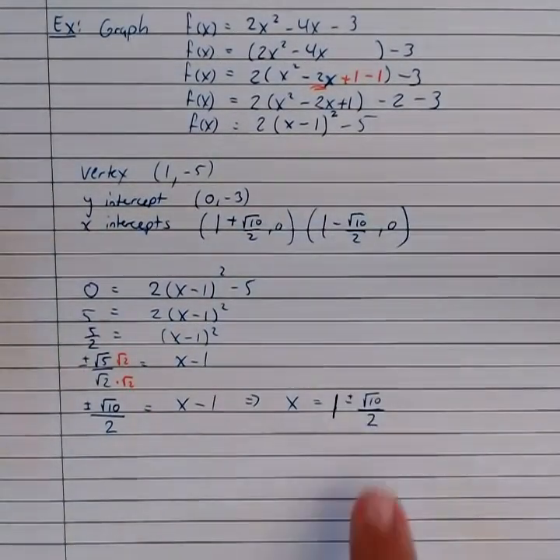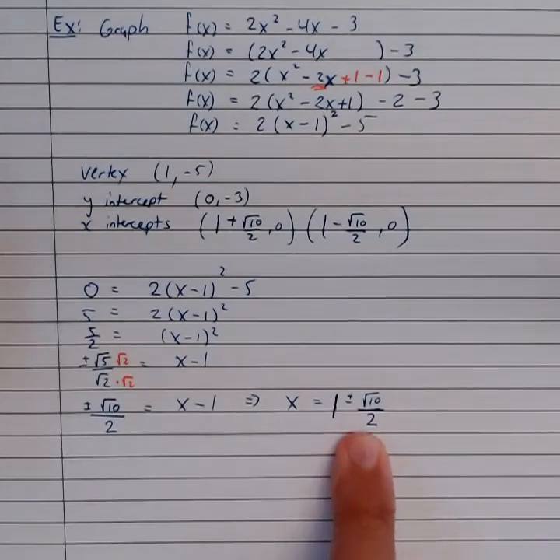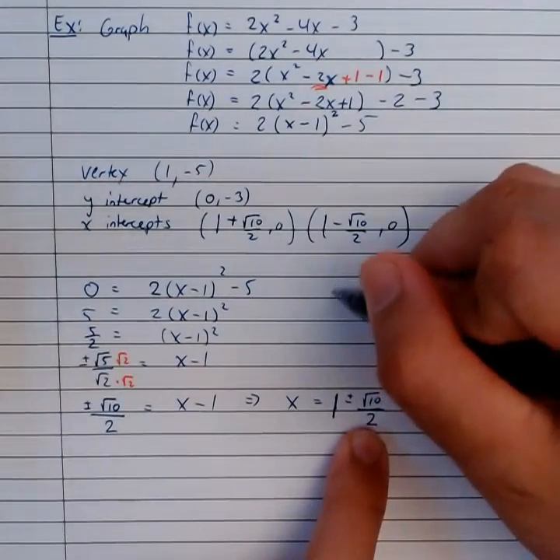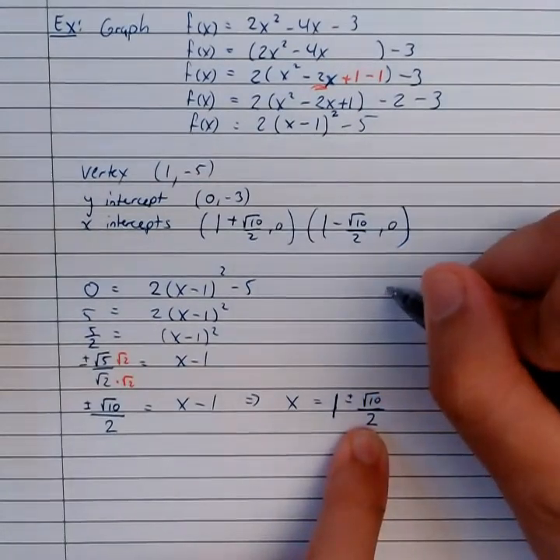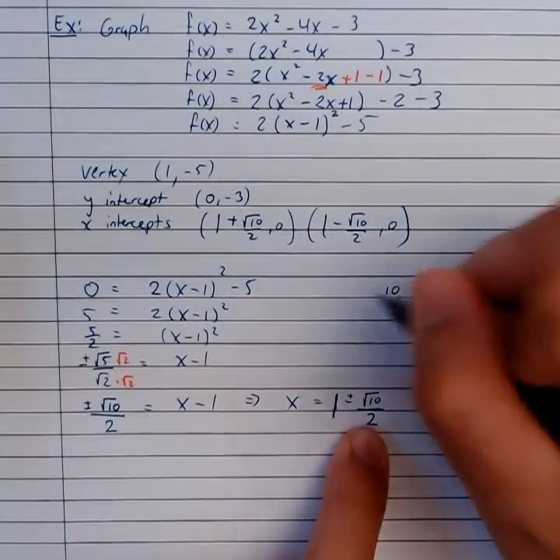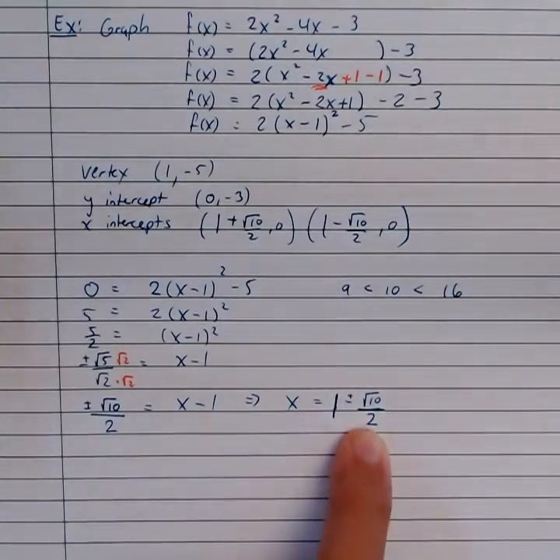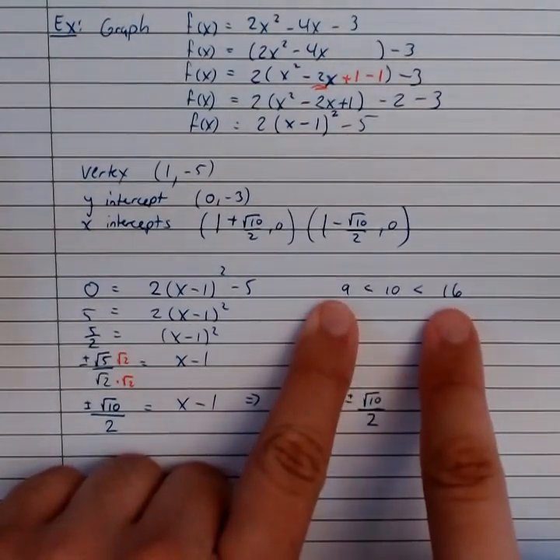Okay. Keep in mind, we don't know the square root of 10, but we can get a pretty good guess. After all, I know that 10 is between 9 and 16. And you say, yeah, it's also between 0 and 50. Why did I choose 9 and 16?